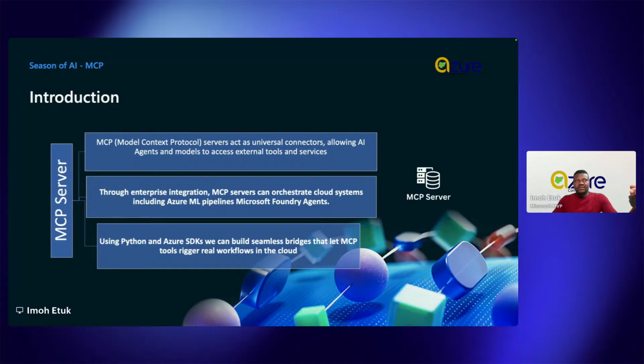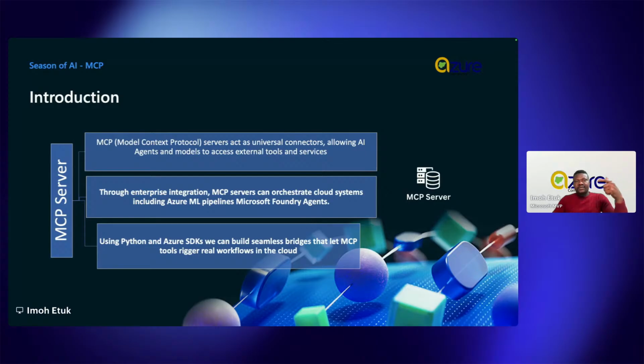So through this integration, the MCP server is now acting as the middleware between your agent on the Microsoft Foundry and your ML pipelines. You can orchestrate the cloud systems and be able to deploy ML pipelines in seconds.